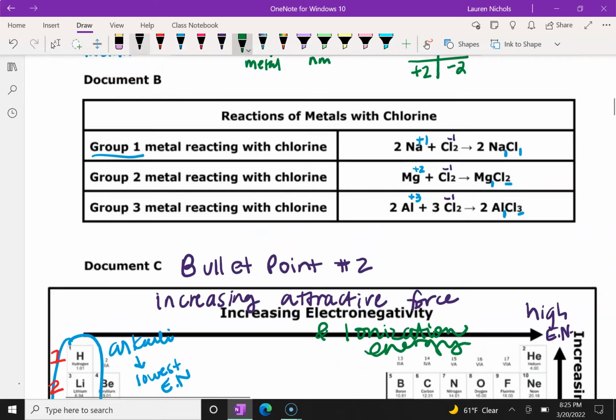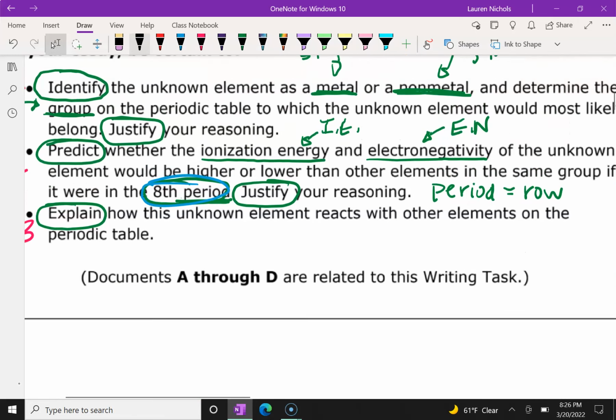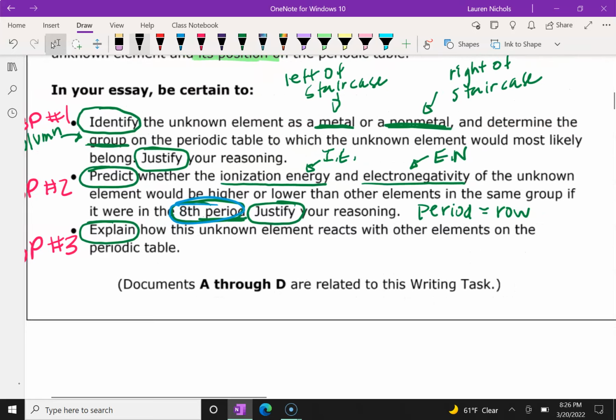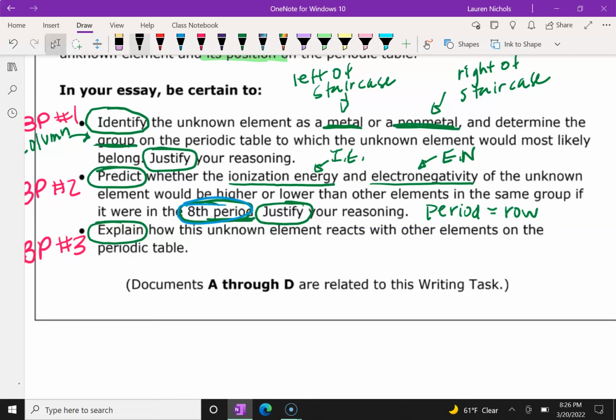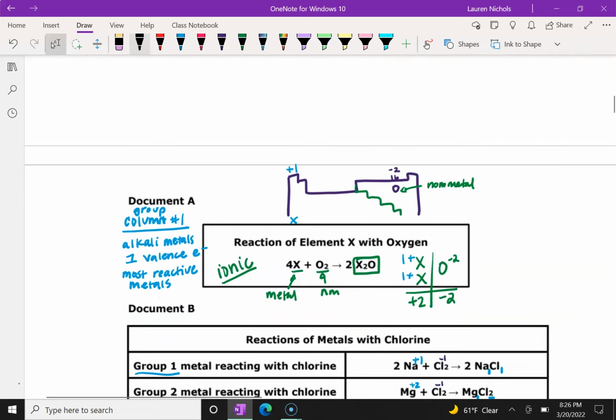Now, we identified using document C and D for bullet point number 2, but let's figure out what documents we would want to use for other things. So in bullet point number 1, talking about which group and whatnot, we definitely used document A to figure out it was an alkali metal. So let's use that for bullet point number 1.